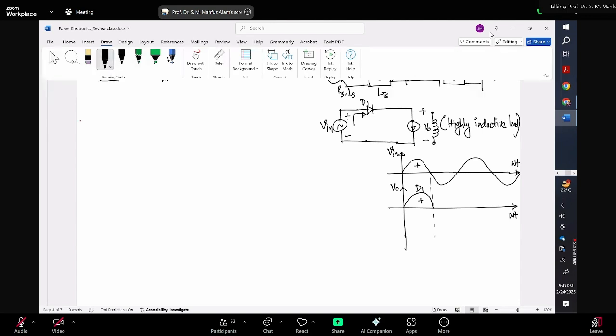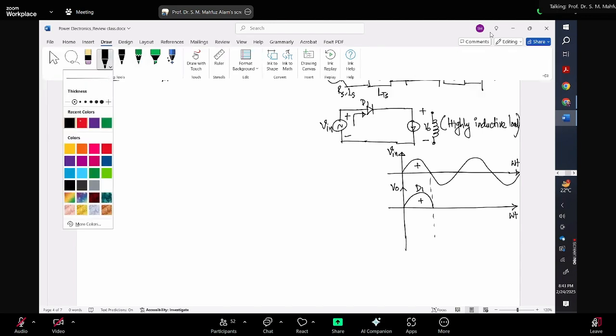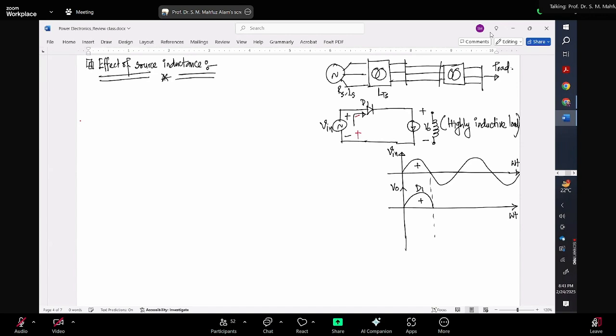The diode tends to have a reverse polarity across it, but since this inductance doesn't like the current to change its direction, and the direction is in that way, this inductance will force the diode to remain turned on.